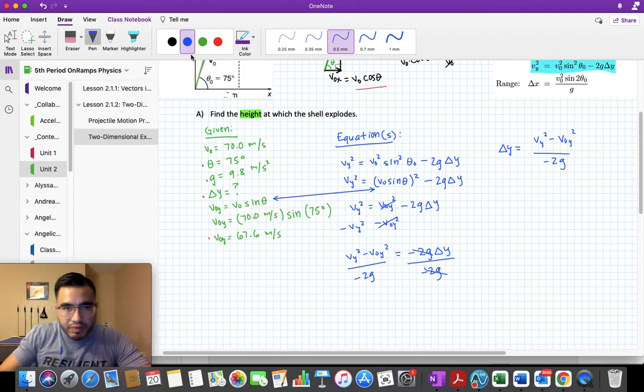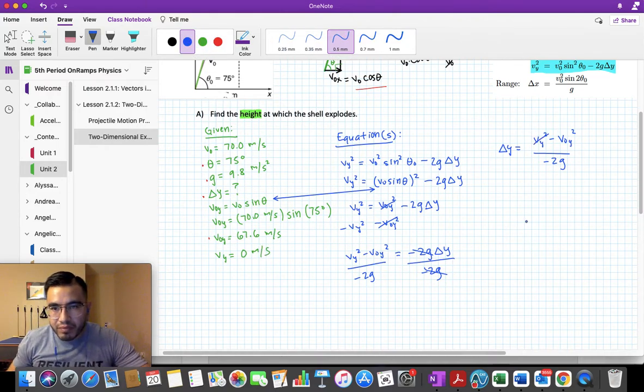So then velocity final along the y is 0 meters per second, meaning we can just cancel this one, and we'll have delta y is equal to negative v naught y squared divided by negative 2g. Now we just substitute.